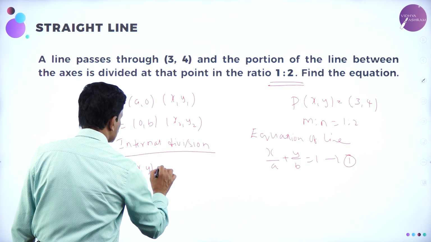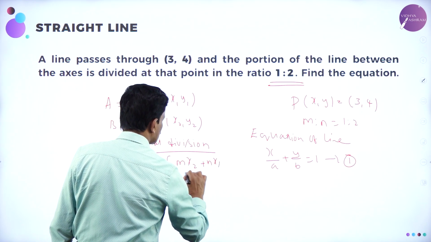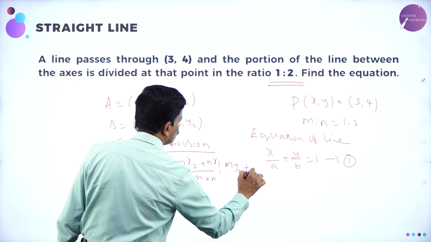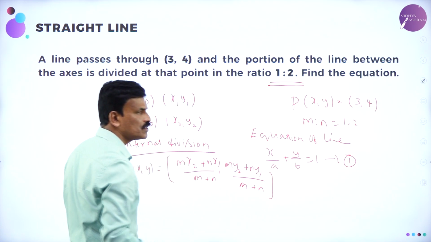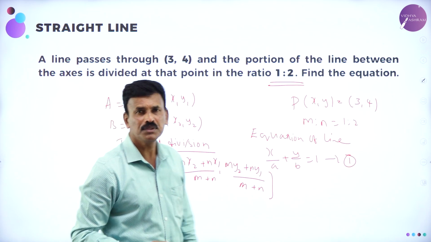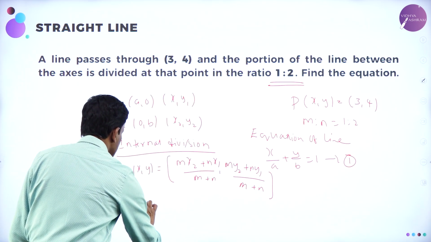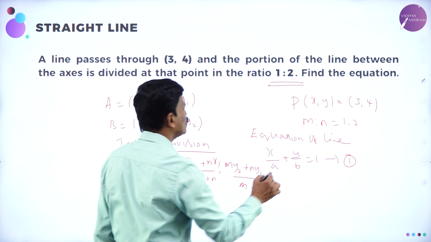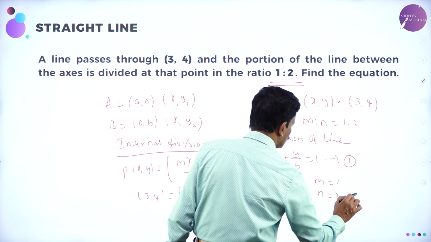P(x, y) is equal to (mx2 plus nx1) divided by (m plus n), comma, (my2 plus ny1) divided by (m plus n). Use this formula to find the value of a and b. That's it. Now, here P(x, y) is (3, 4), m:n is 1:2. Here m is equal to 1, n is equal to 2.